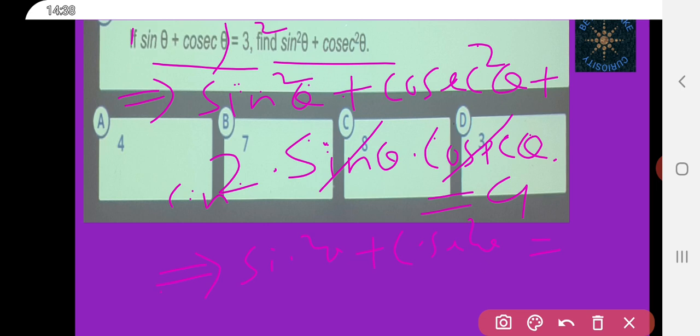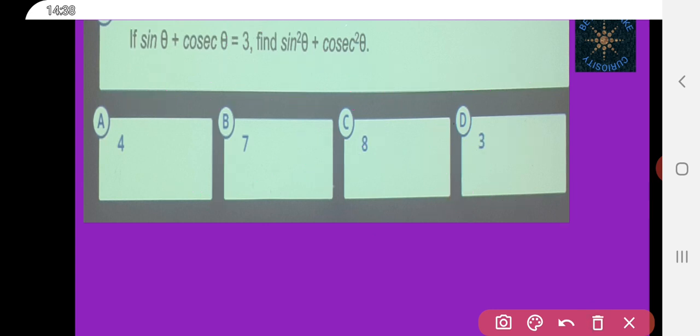If you take 2 to the right side, then 9 minus 2 is equal to 7. So sin square theta plus cosec square theta is equal to 7. So your answer is here 7.